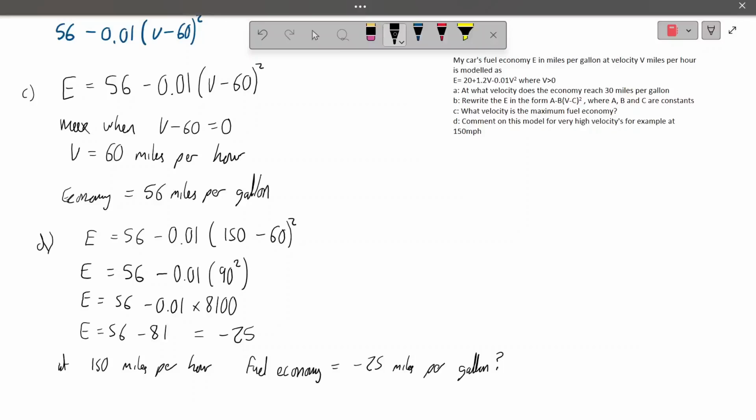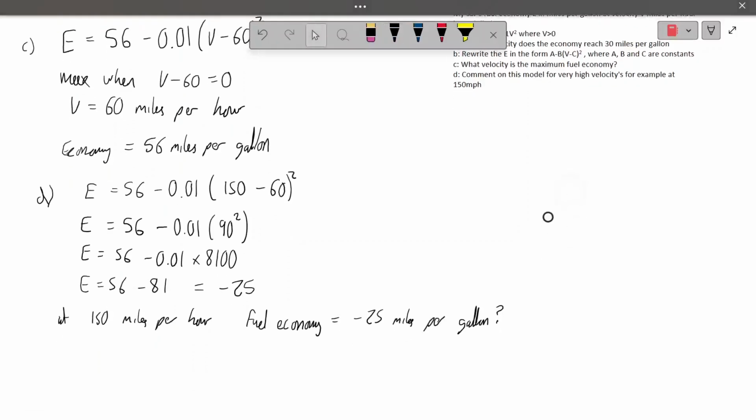So what that means is you've got a negative fuel economy. So if that was real, as you're driving down the road, the tank of fuel refills itself. That clearly doesn't make any sense. You can't get a negative fuel economy, and at a certain point you'd actually get 0 miles to the gallon. So that means you basically use infinite fuel as you're driving down the road.